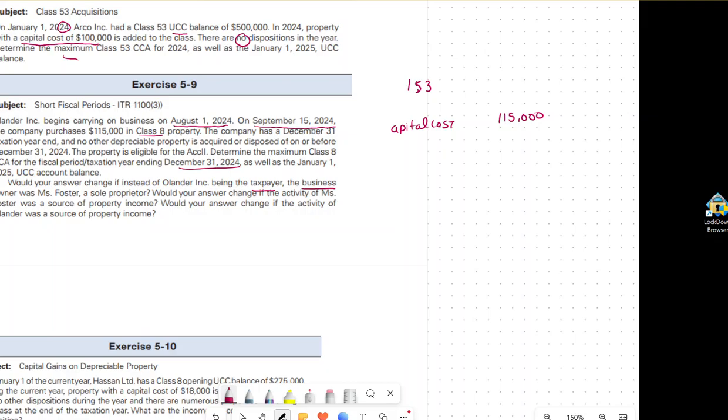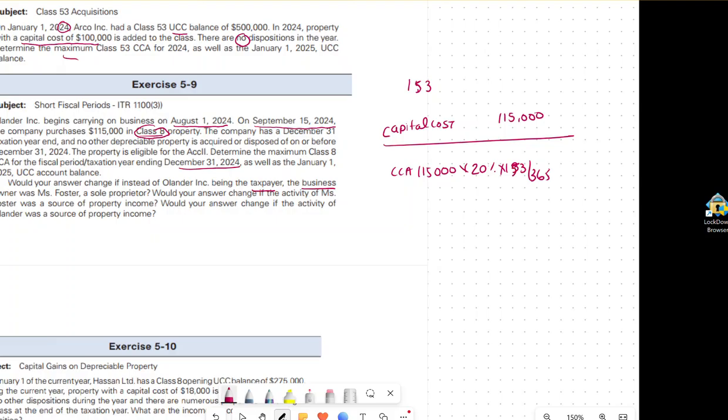We are in class 8. Class 8 has a CCA of 20%. If this is my cost, that becomes my base, and the CCA that I will take will be 115,000 multiplied by the 20%, but we have a shorter year, 153 divided by 365.